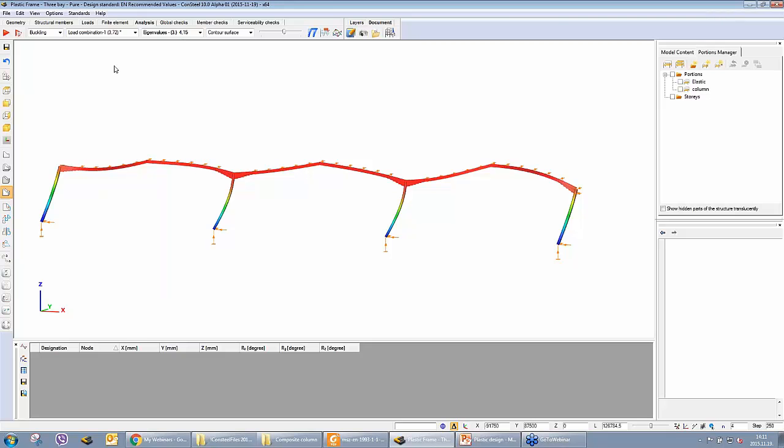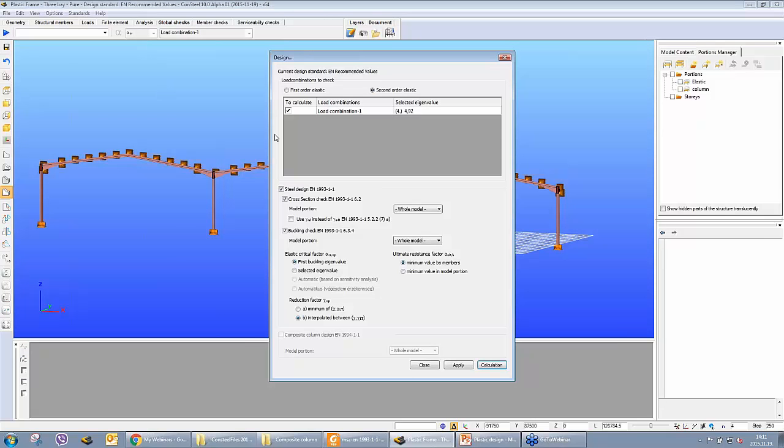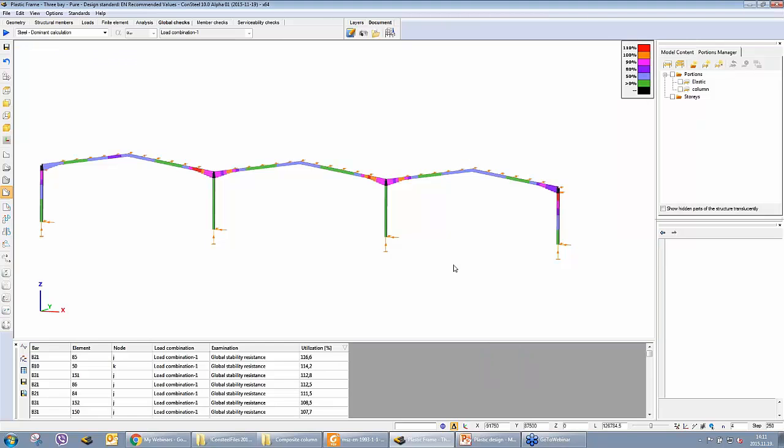If we see the global check elastically, both cross-section check and buckling stability check, then we can see that the structure is not adequate.